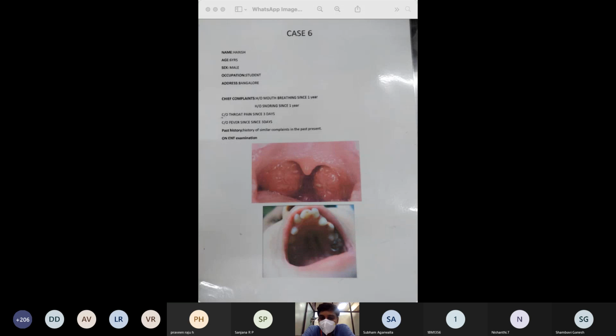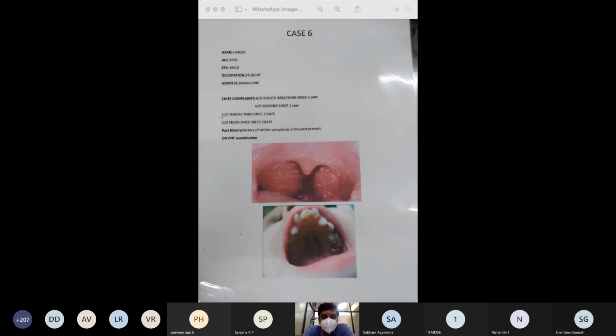When you are in an ENT posting in the OPD, what we usually try to do is allot a case who comes to the OPD with chronic tonsillitis to a few of you, and you will be expected to take the history. Now, history taking is an art. It's an applied art, and it is not very easy. So you will have to elicit the clinical features.